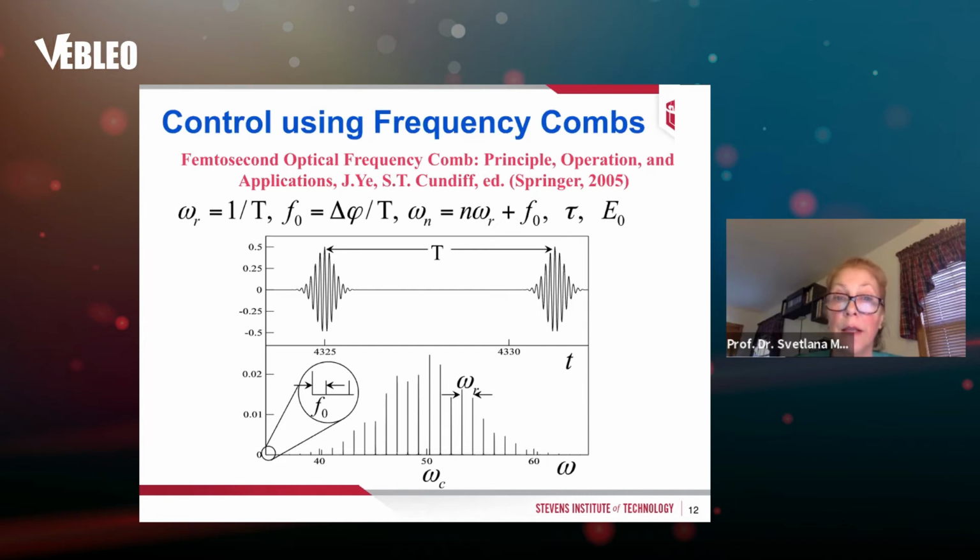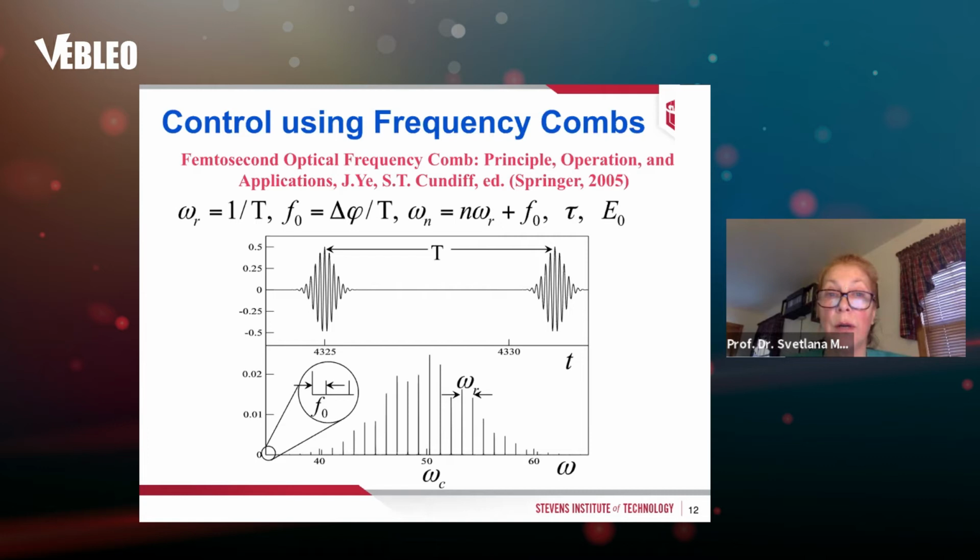These are the pulse train period, which in the frequency domain, where the frequency comb is presented, correlates with the spacing between the sharp peaks in the comb in the radio frequency. So 1/T is omega_r.